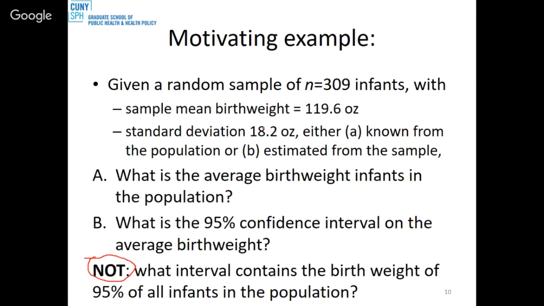So 119.6 plus or minus 1.96 times 18.2. And that would have given you a 95% interval that contains the birth weights of 95% of all infants in the population. So you already know how to do this second thing, but it is not the same interval as the one that you're 95% confident that the mean lies in. Right? That was about individual infants. We're asking now about the mean in the population.